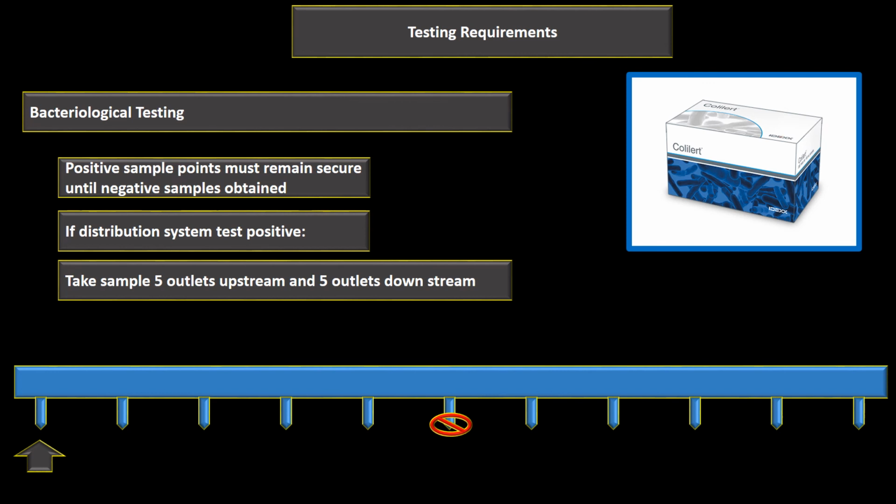So we take a sample up here, and we're also going to take a sample 5 outlets downstream and make sure that we don't have, because what we're looking for is whether this is all contaminated in here, or maybe it was just the spigot that was contaminated. That's why we're doing that, because this could be an easy fix. We might just have to disinfect this spigot or whatever the water's coming out of right here. This is a bigger issue if we've got bacteria in here.